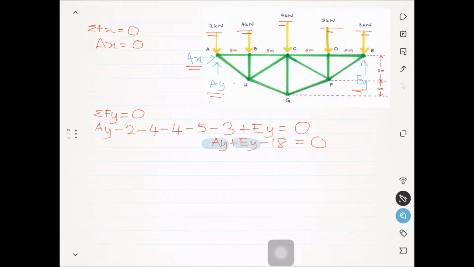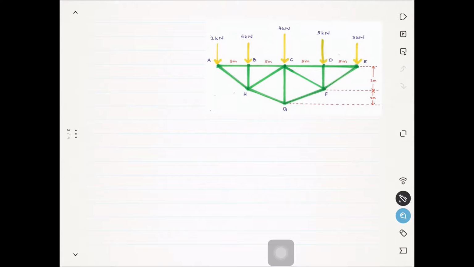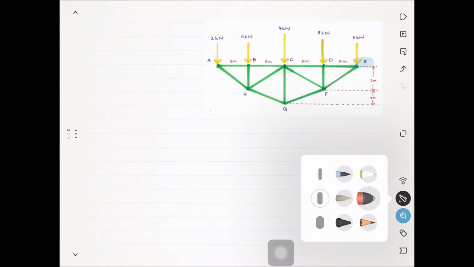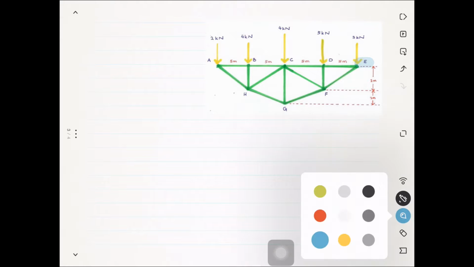So we should do the moment. Okay, for the moment, if we want to find the moment at A, we should make E as the reference. Let's change the color for the moment.